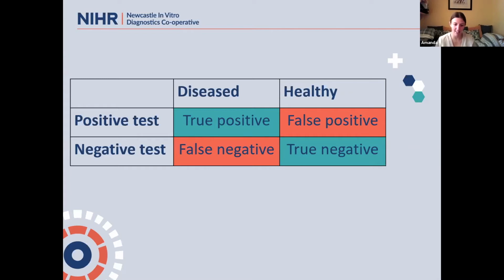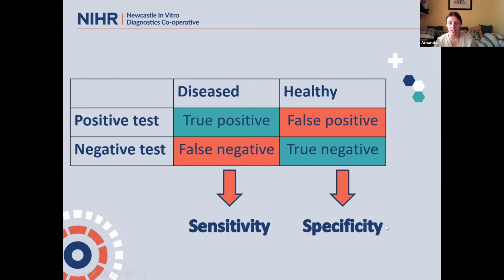And we have ways of describing these 2 populations in these columns. For the diseased patients, or patients who do have the condition, the characteristic of the test that describes this column is called sensitivity.